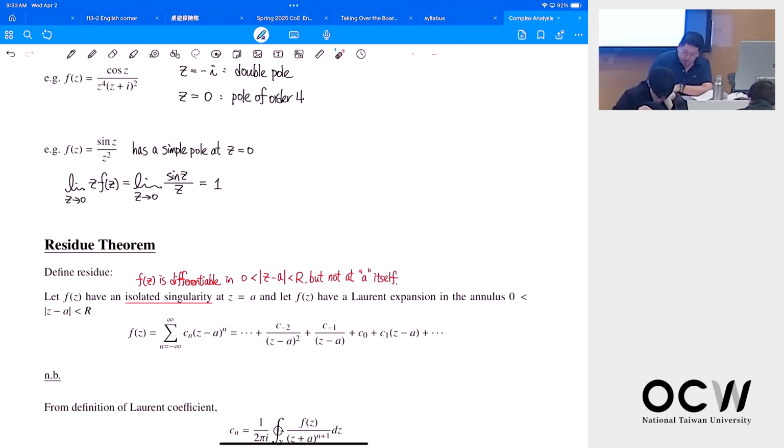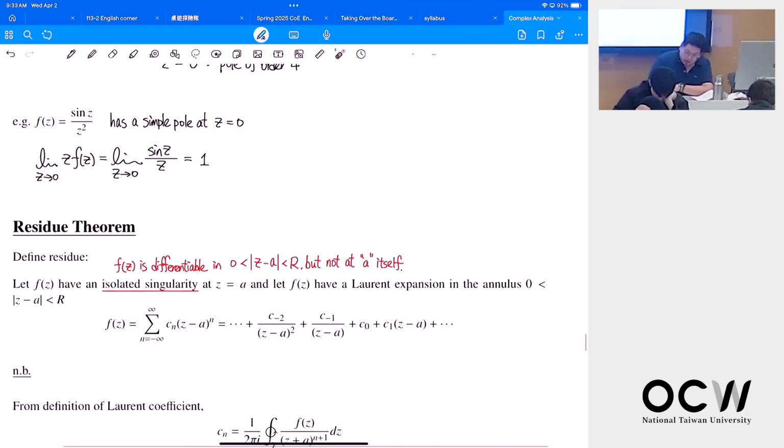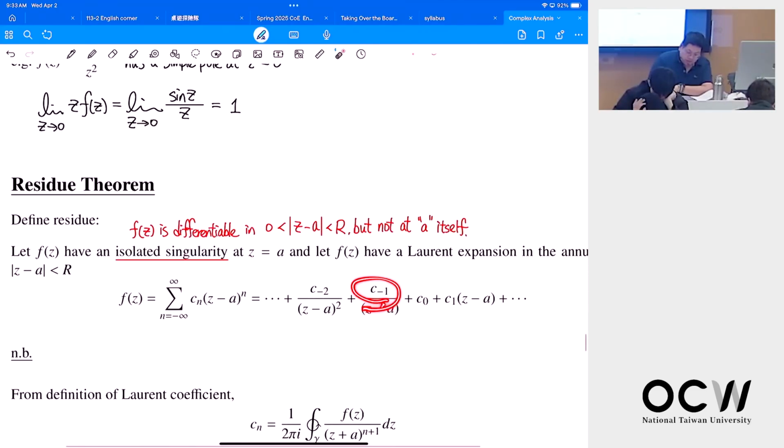So if I express the complex function with a Laurent expansion, then c minus 1, this coefficient, is called the residue, and we define it as the residue.